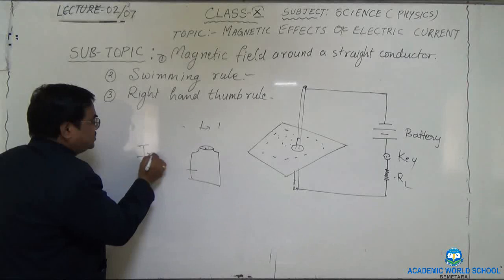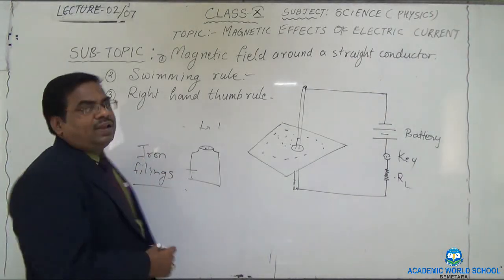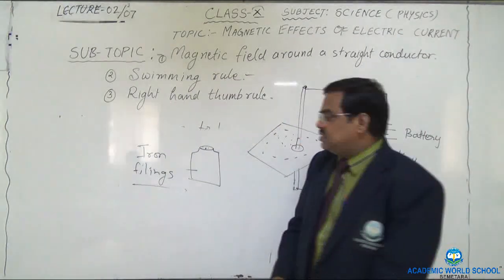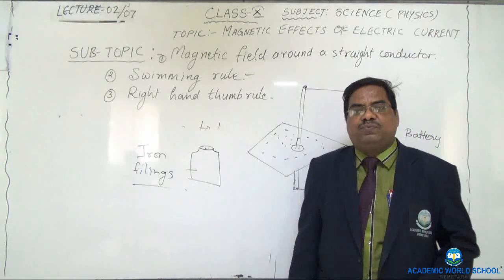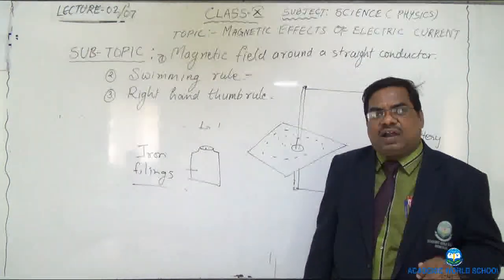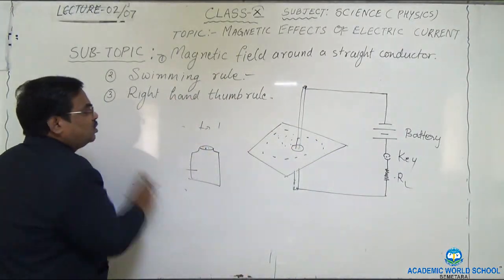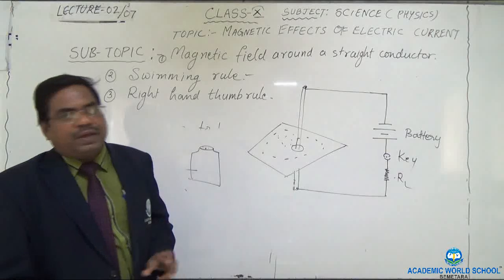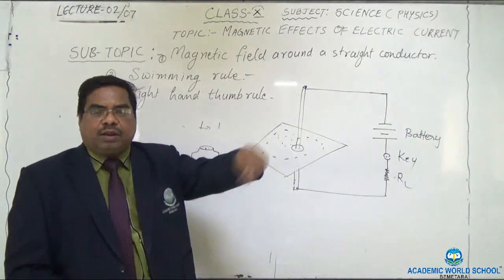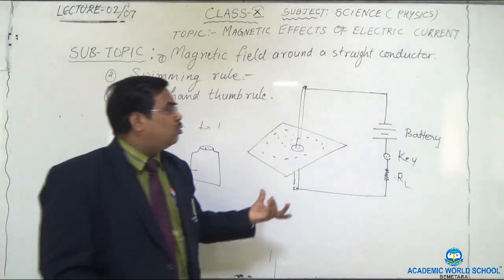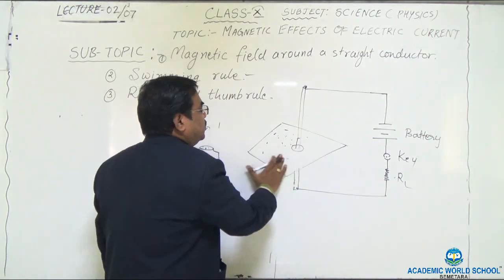Iron filings are those small pieces of iron you get after rubbing a hard surface. You fill them in a sprinkler, or simply, the way you make rangoli, you can do it that way also. You spread it evenly everywhere on this cardboard.